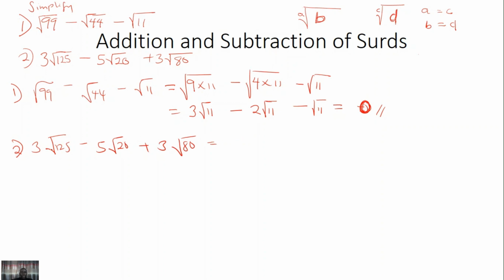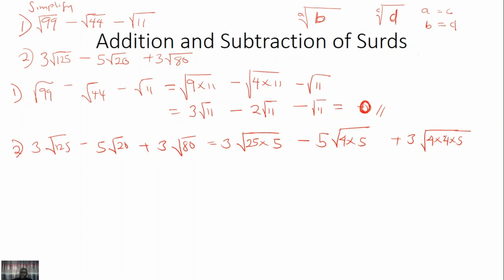We know that 125 will become 25 times 5, which will be equal to 125, minus 5 root 20, which can be expressed as 4 times 5, plus 3 root 80, which can be expressed as 16 times 5, which is equals to 80.